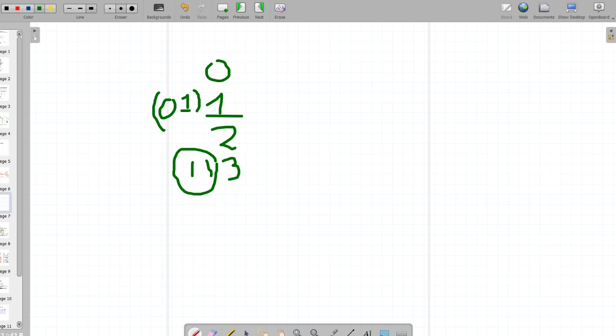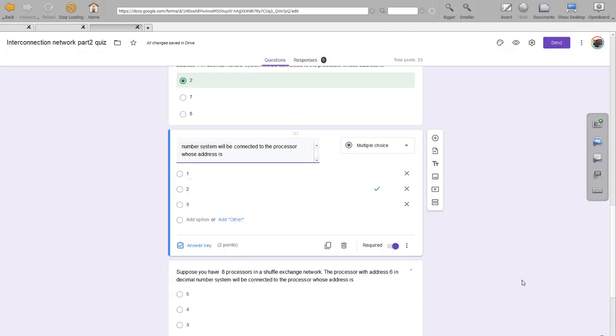So it is going to be connected with the processor whose address is 10 after left shifting, which means processor 2. You are going to connect processor 1 with processor 2 directly. Hence your answer is 2.